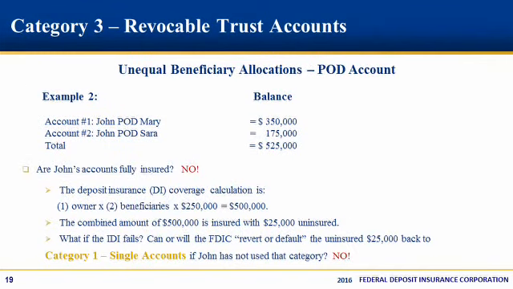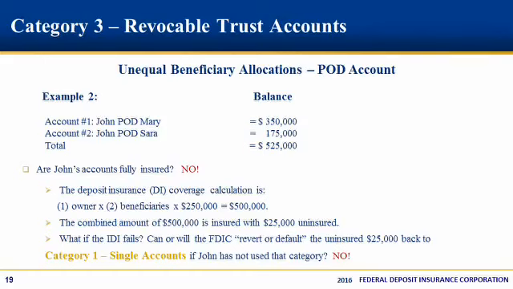Let's look at another example of payable on death deposits to test our knowledge. In example 2, we have account number 1, John, payable on death, Mary, with a balance of $350,000, and account number 2, John, payable on death to Sarah, with a balance equal to $175,000 for a combined balance of $525,000. Are both of John's accounts fully insured?